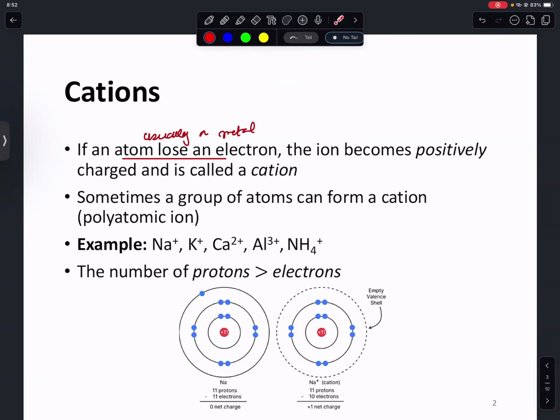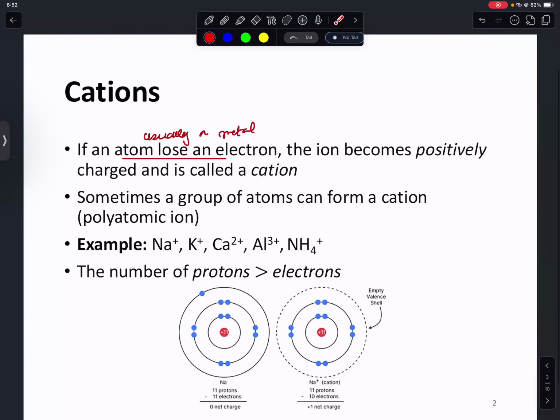And sometimes you can have also a group of atoms that are bonded together, and they can also form a cation. Examples of an atom that tends to lose electrons, which we referred to before as metals, are sodium ion, potassium ion, calcium ion, aluminum. Or a polyatomic ion, as I mentioned before, is NH4 plus, or ammonium.